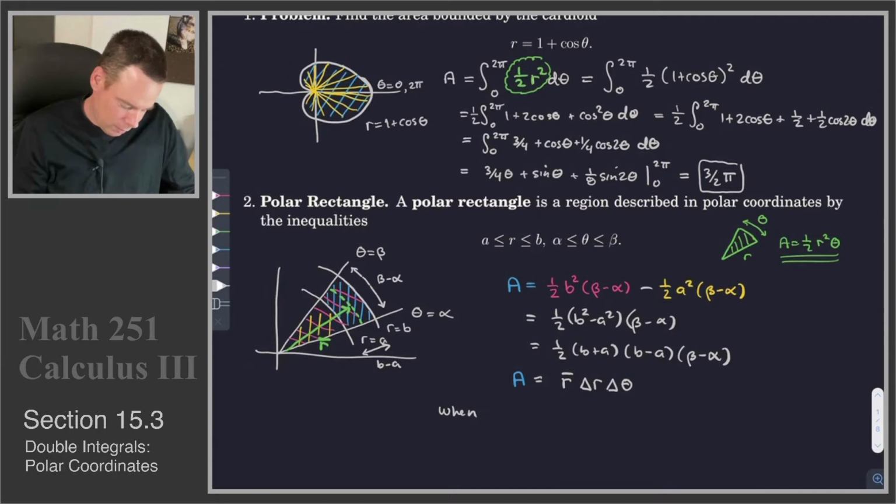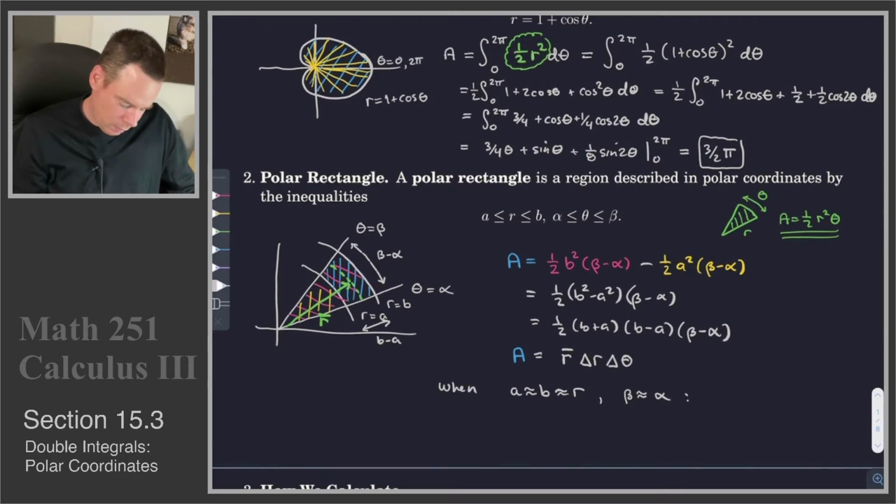So that is when a is approximately equal to b, which is some radius r, and when beta is approximately equal to alpha, what we have is that the area of that region, which we'll call dA, so the area element or the area of a really small polar rectangle, is basically r dr d theta.